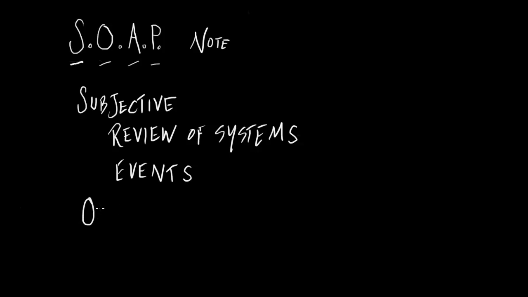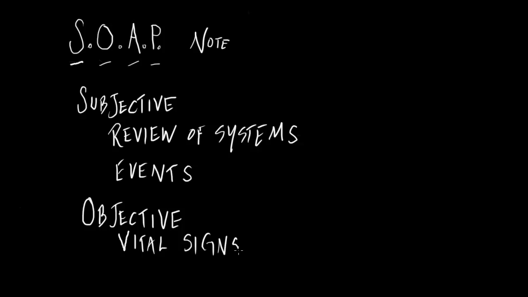The O stands for objective. Objective is a telling of the facts. And so those facts are vital signs, and the vital signs include the temperature, include the heart rate, include the blood pressure.